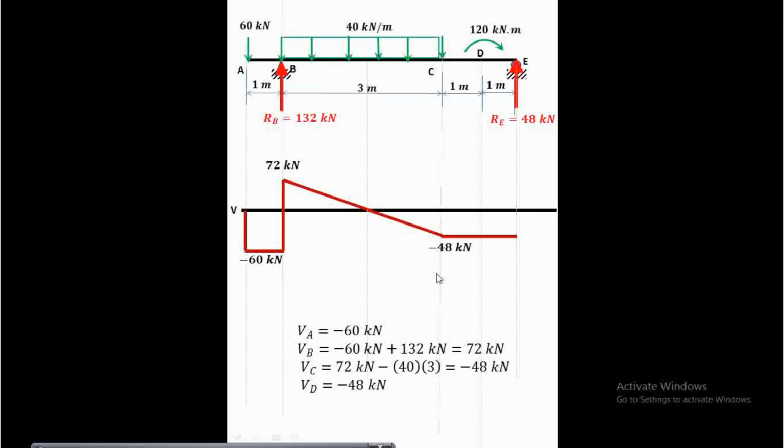So, pagdating doon, negative 48 kilonewtons pa rin hanggang kay E. Kasi walang load along the y-axis. Now, doon naman kay shear at point E, nag-end ako kay negative 48. Then, kay E, may pataas na 48 kilonewtons. So, all I have to do now is negative 48 plus 48, that is equal to 0.